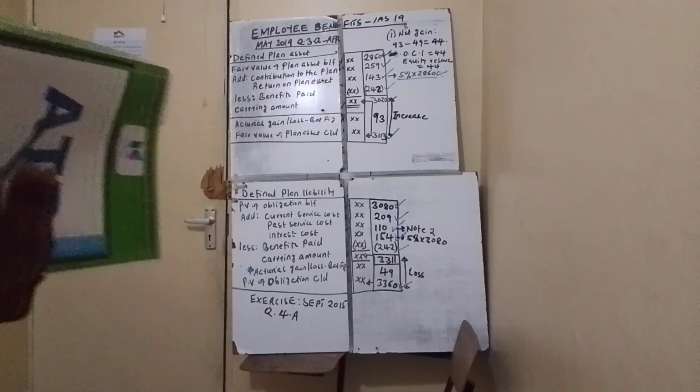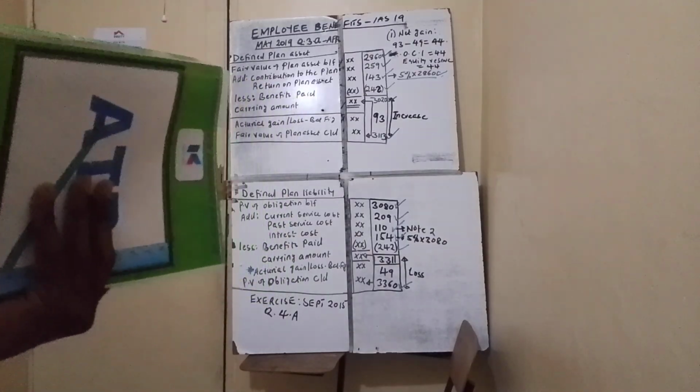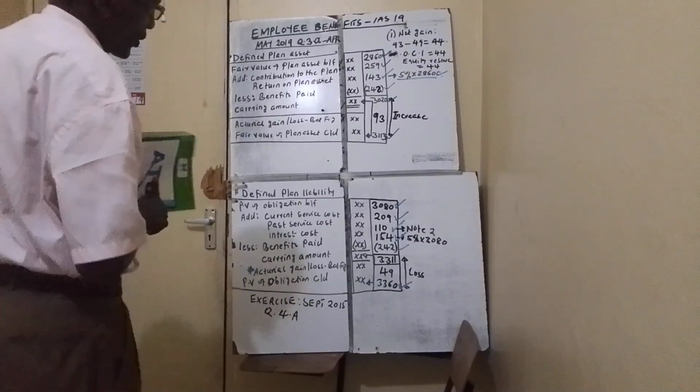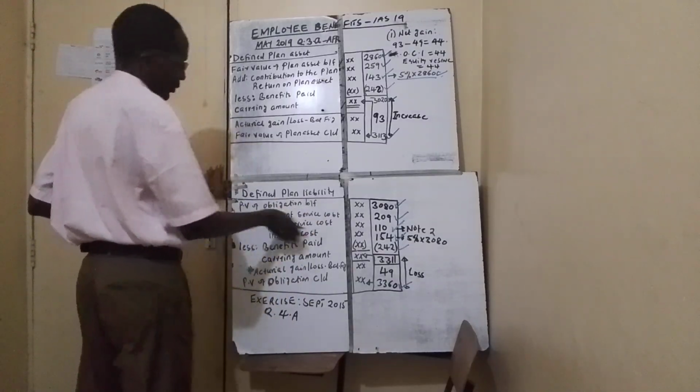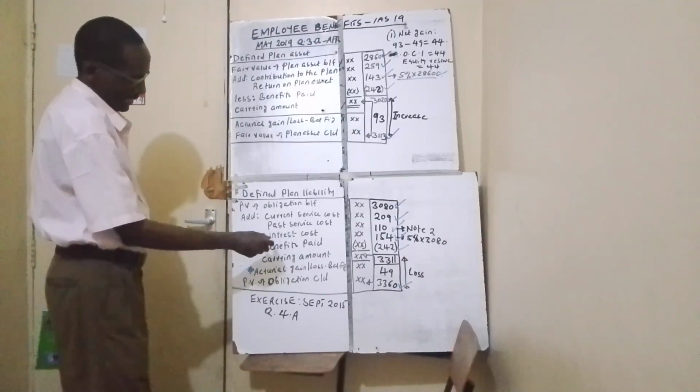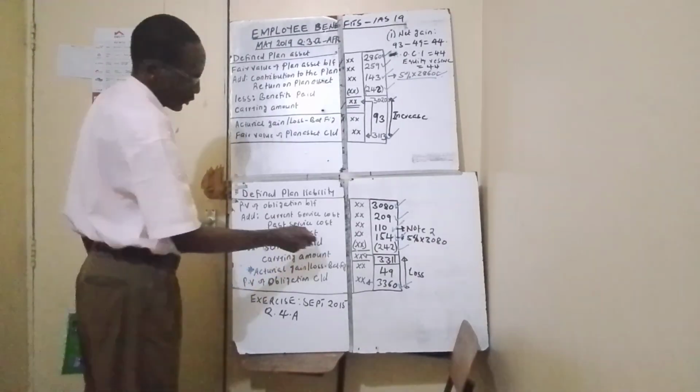So simply, that means past service cost. So costs or expenses will come on the defined plan liability, and that is the past service cost.